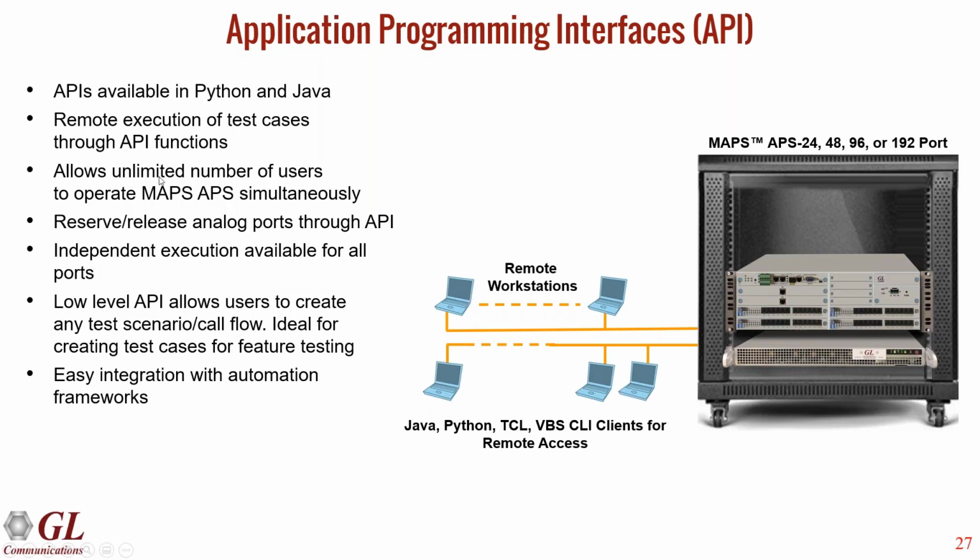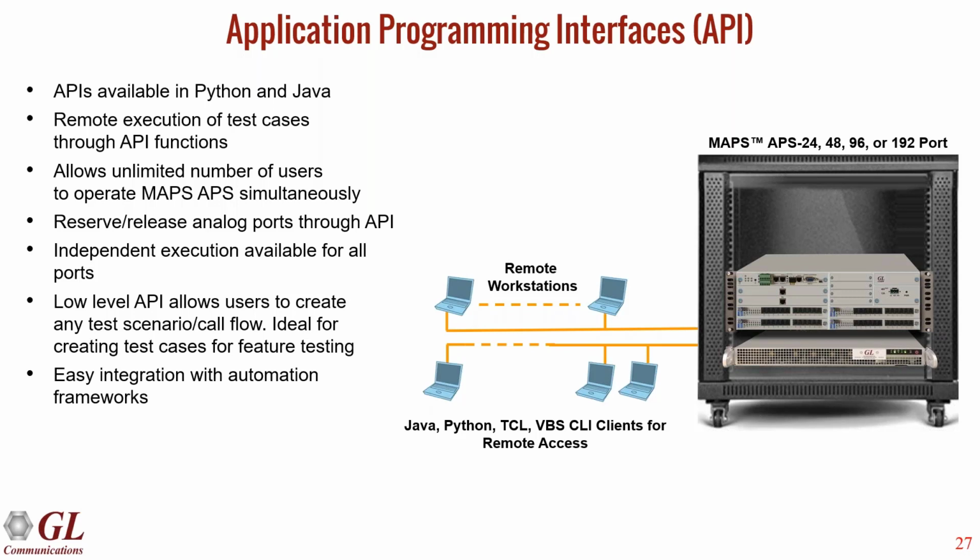Allows unlimited number of users to operate MAPS APS simultaneously. You can reserve or release an analog port through the API. Okay, so if you need to use a specific analog port, then you can reserve it for yourself. And basically everything that you can do through the graphical user interface, you can also do through APIs, everything.